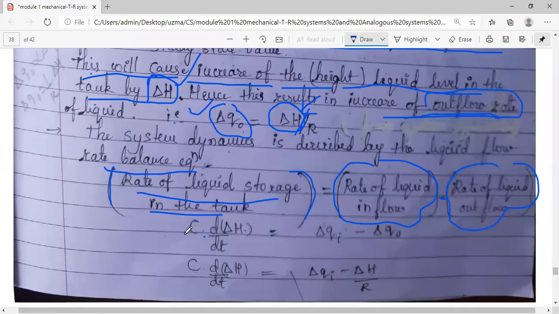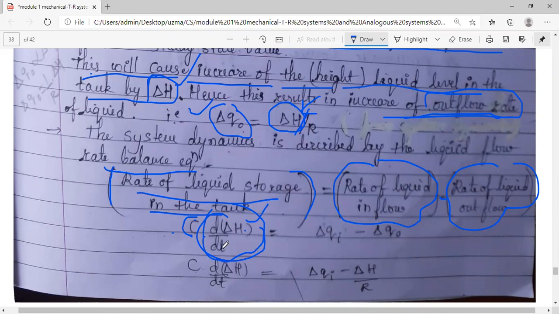You might know how the capacitance equation is written: Q equals CV, or C into dV by dt, right? So here equivalently we are taking height delta H. The capacity of the tank is C, and d by dt indicates the rate at which height is changing, height is increasing.